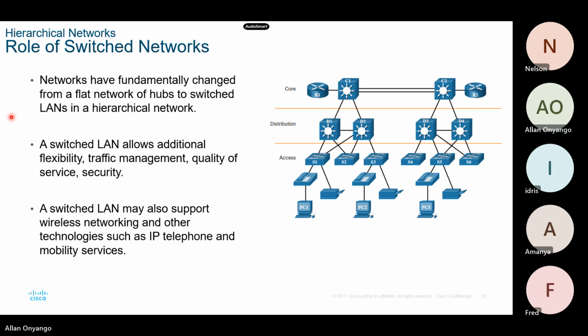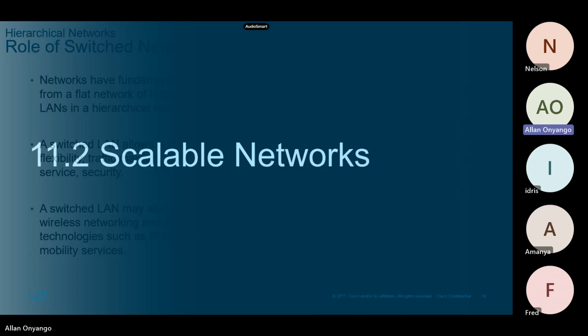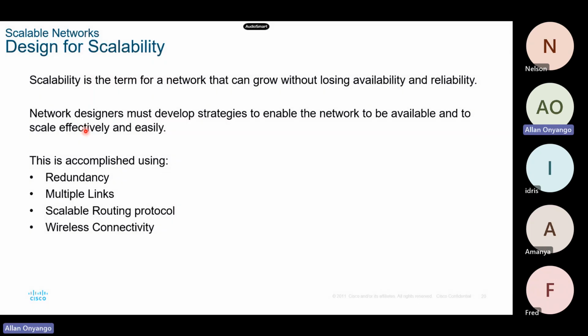Now, moving forward, let's look at what a scalable network is. I know that we have talked about the scalable network before, but I want us to just look at some of the methods that we can use to scale our networks.